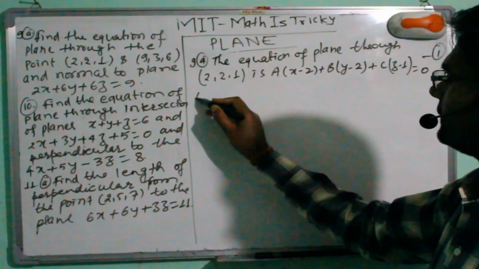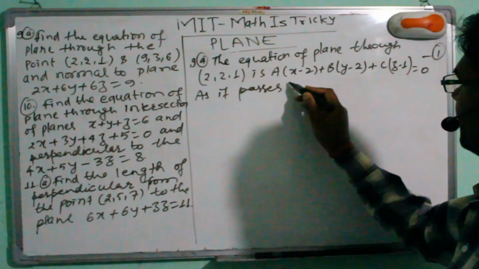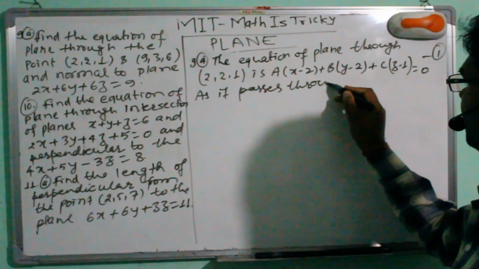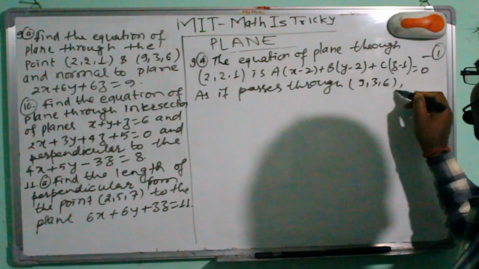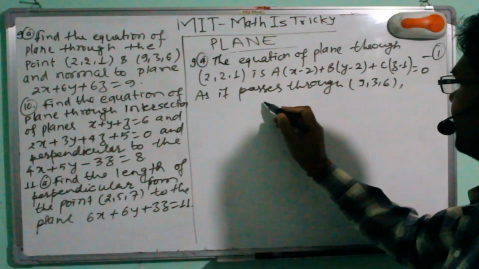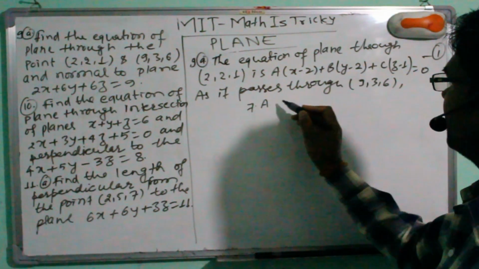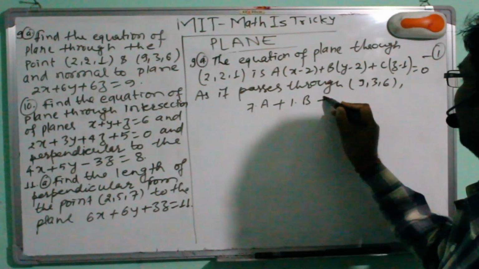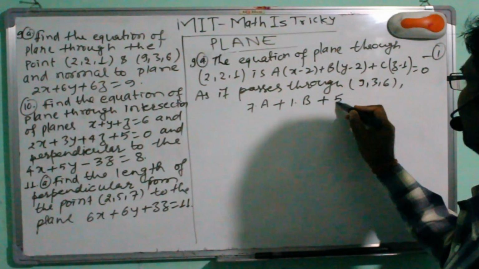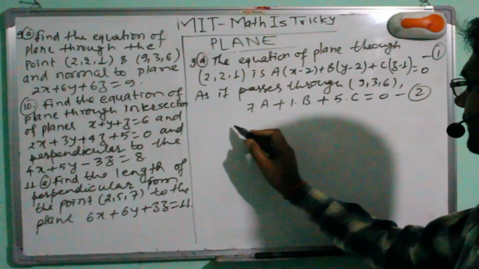As it passes through 9, 3, 6, we'll get here a times 9 minus 2 is 7, plus b times 3 minus 2 is 1, and c times 6 minus 1 is 5, equals 0. Let it be equation 2.